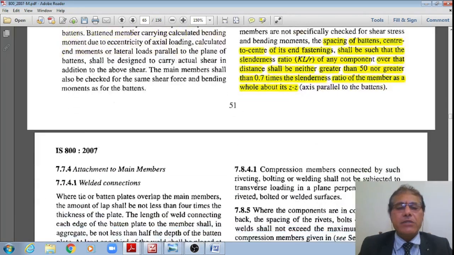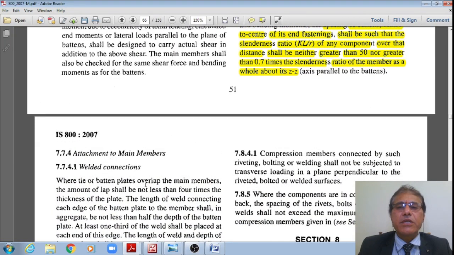That is how the slenderness ratio shall be taken.